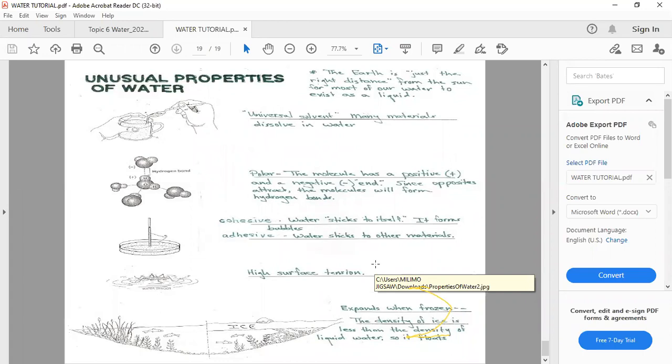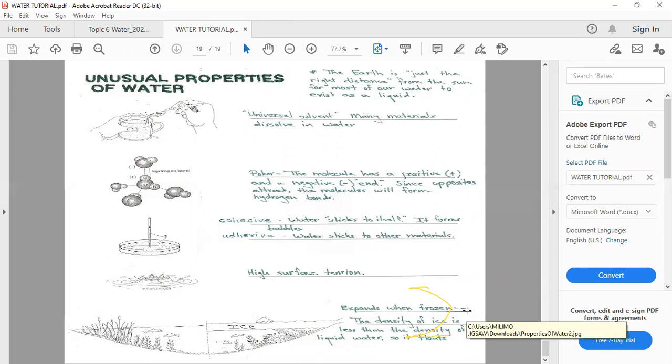We've also considered high surface tension, which is a property that comes through the forces of cohesion, which leads to the formation of a skin-like layer at the surface of the water. And we have also looked at ice being less dense.